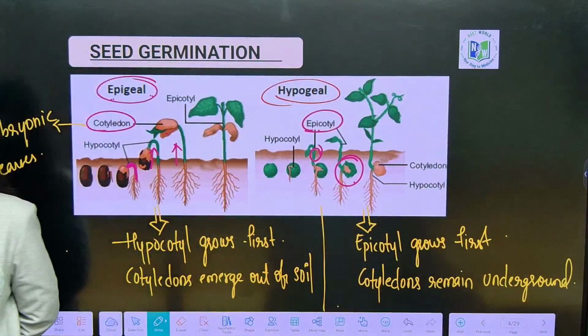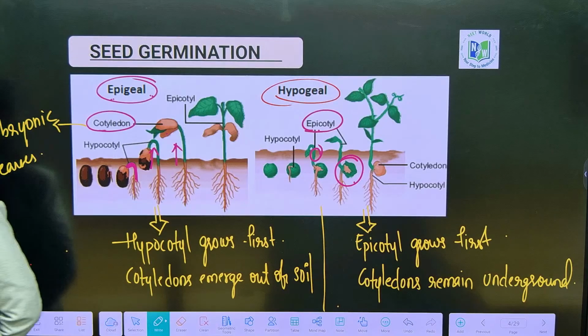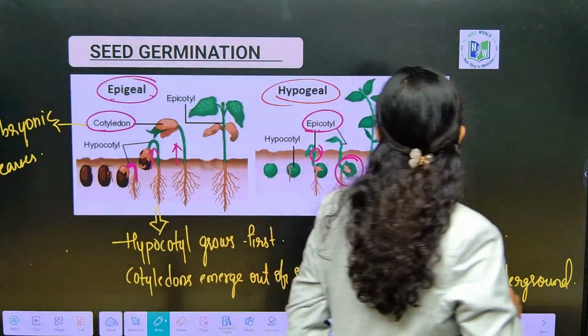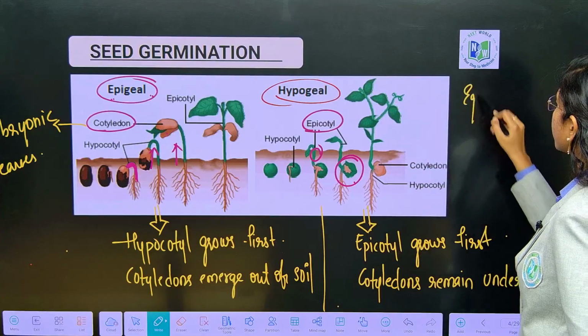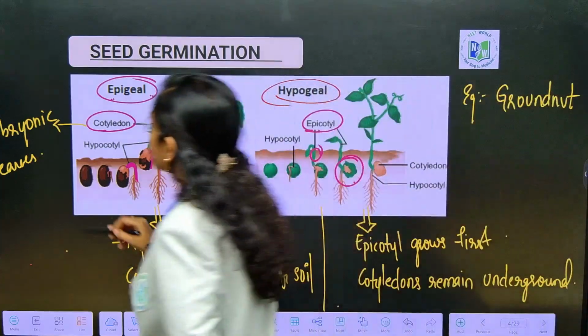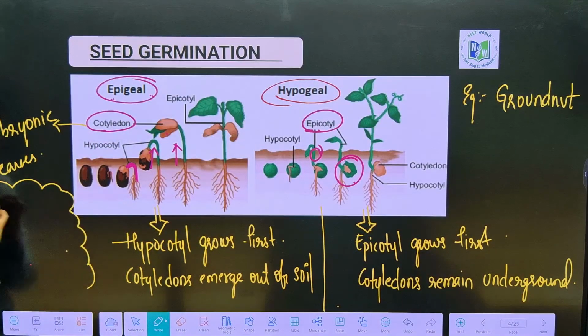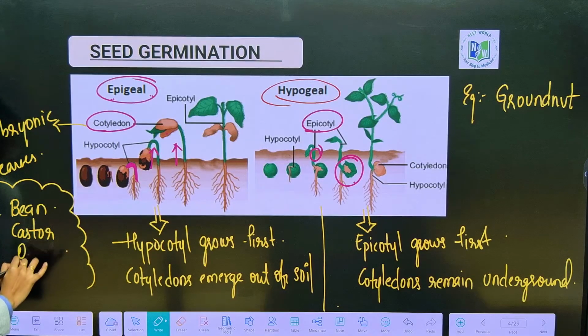Fine, right? Any doubts anywhere? Now, if you have to encounter the examples of hypogeal and epigeal germination, for hypogeal germination you can take the example of groundnut, which is Arachis hypogea, and for epigeal germination you can consider the examples of bean, castor and onions.